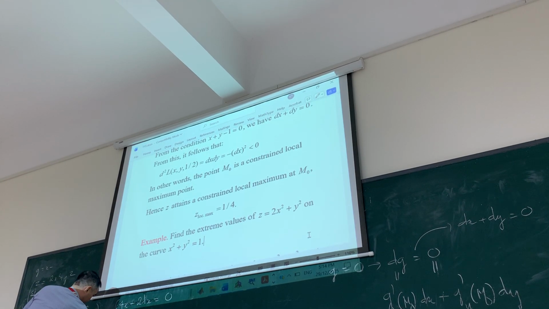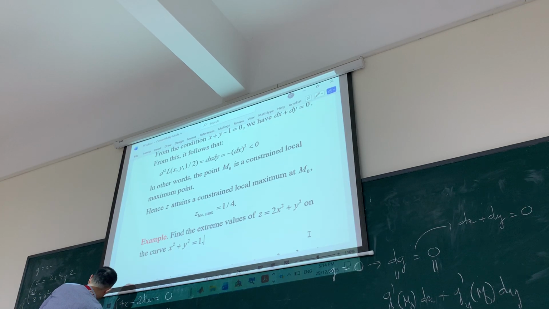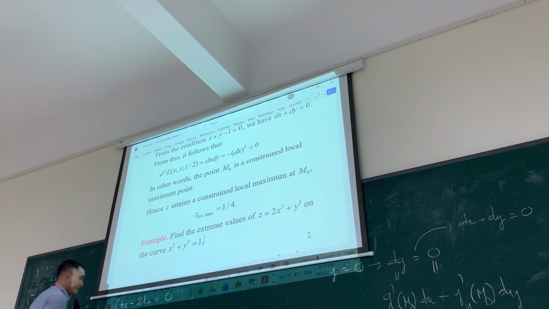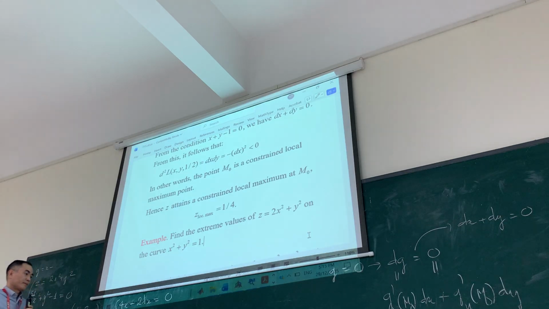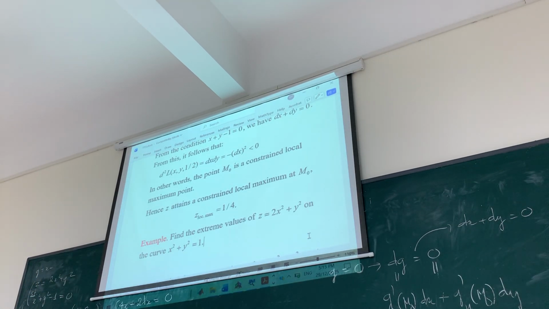And x squared plus y squared minus 1 equals 0. Now, we need to solve the system here to find x, y, lambda.